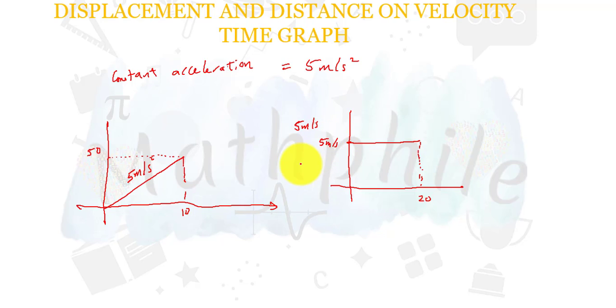What is the acceleration of this? 0. Good. There is no steepness in the line, so the gradient over there is 0. Now, what is the distance covered by the object? The object is moving with a speed of 5 meters per second. What is the meaning of the 5 meters per second?